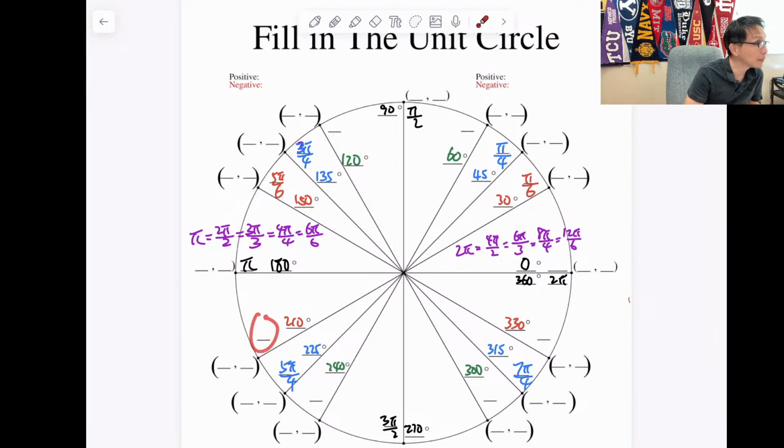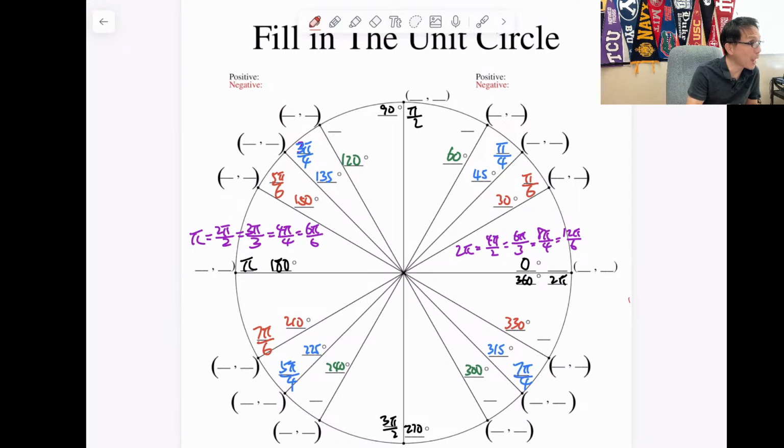What will be here? You said you add pi over 4. Is it pi over 4? What is the opening from here to here? This is the same reference angle. Ava, you want to help her out? There you go.